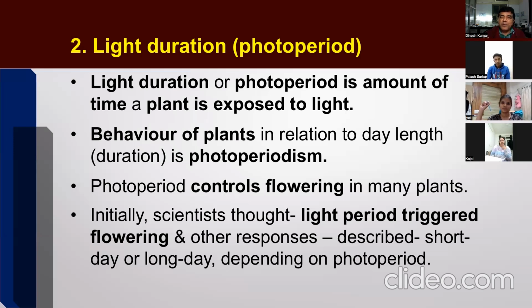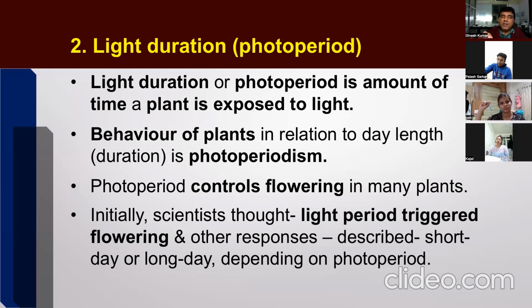But later on, it was found that it is darkness which is important for flowering in the plant. It is not light.